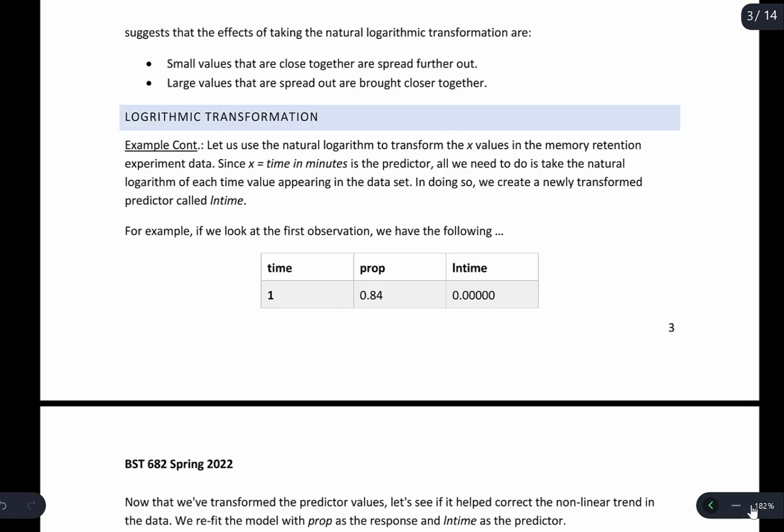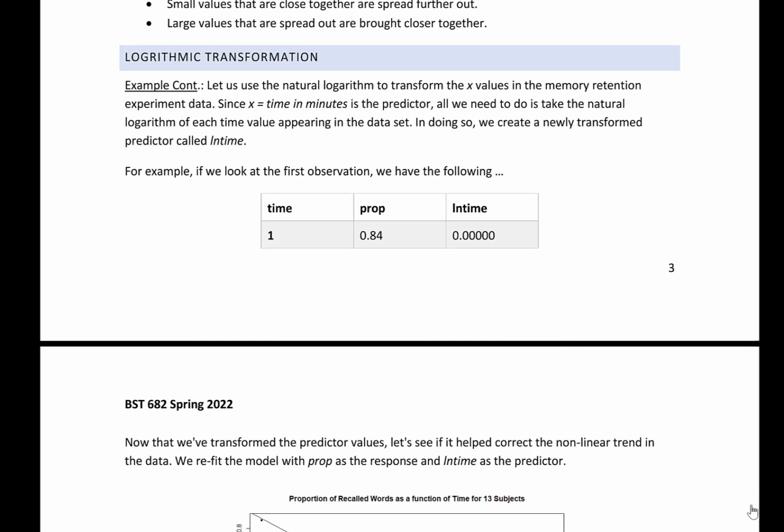So let's take a log transformation of the example we just looked at. We're going to take a log transform of time. For example, for the first observation, the first time point was 1, so of course log time is going to be 0.